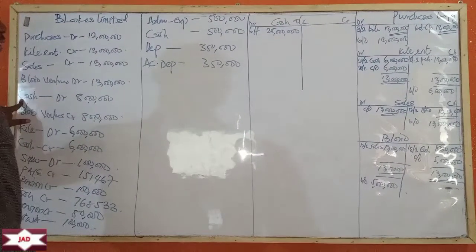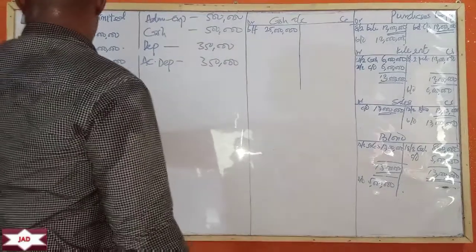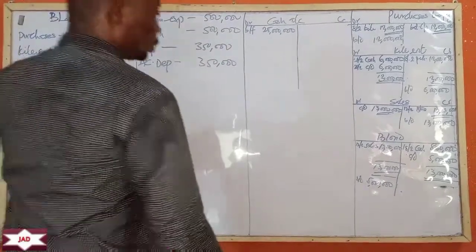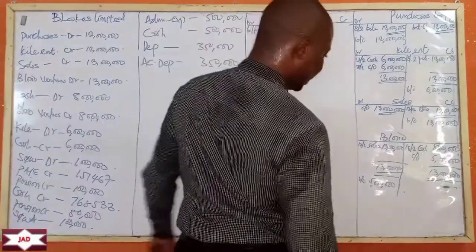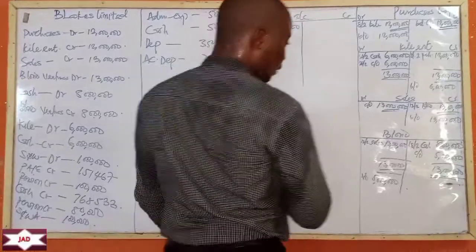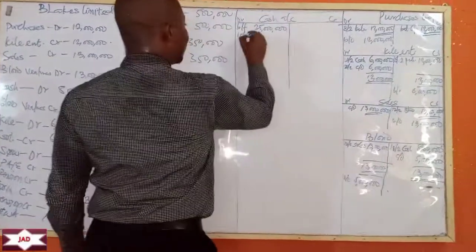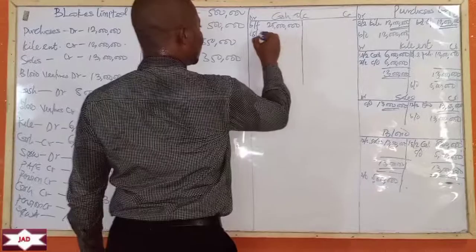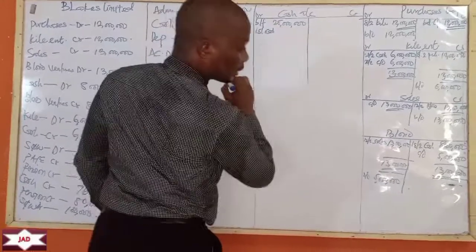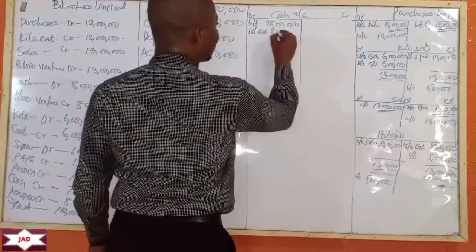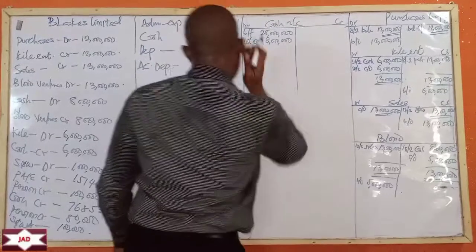25 million. So what happened there? We received cash from Blonde, right? That's on 18th. So we have 18th February, we have cash. How much did you receive there? 8 million. Right?